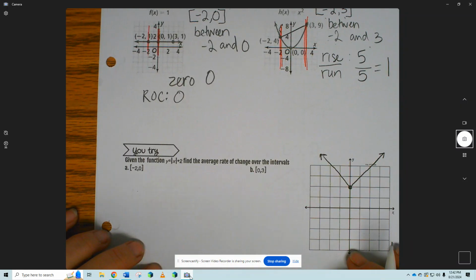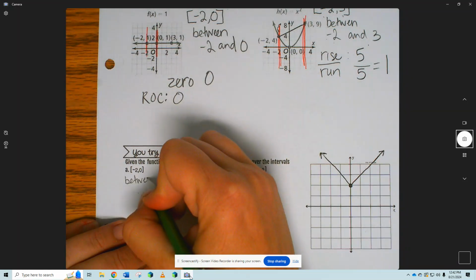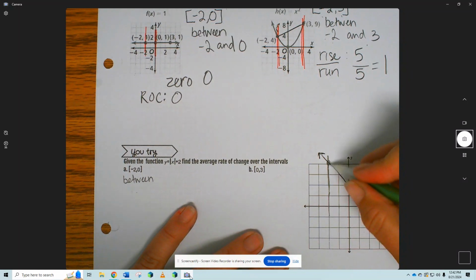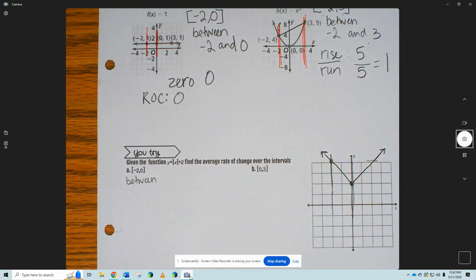Let's do the bottom ones together. Between -2 and 0. -2, draw a dot, and 0. Between -2 and 0. Okay. The line's already drawn for you. Isn't that nice? So, can you please rise and run? Start on the left. So you rise down.